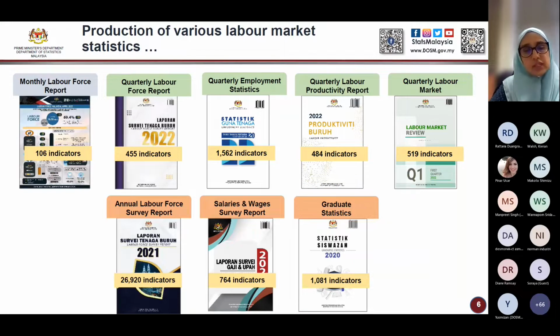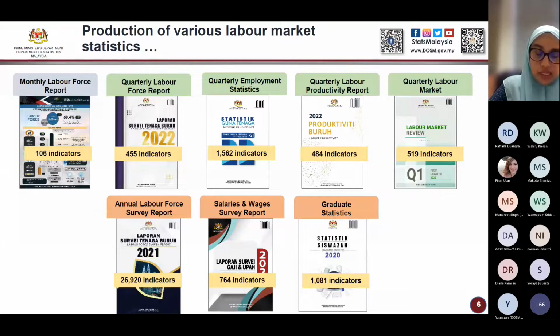Right. Production of these statistics, either from a single source or by combining multiple data sources, we have managed to produce various labor market statistics. The most produced statistics are actually labor supply statistics, which is the labor force data. Labor force data comes at the most frequent interval, which is every month. The latest statistics for April 2022 was published on 9 June 2022, and the next one will come early July, on the 9th of July 2022.